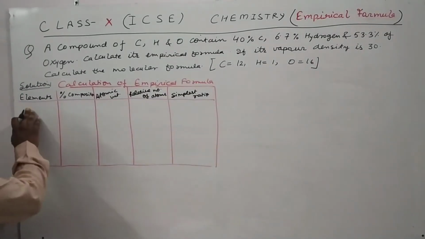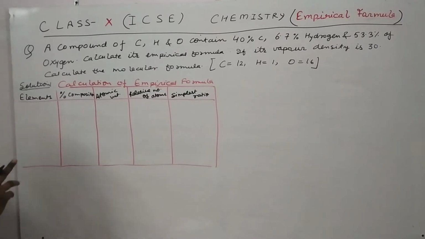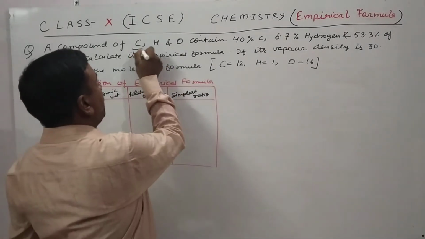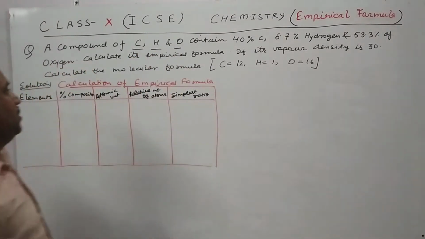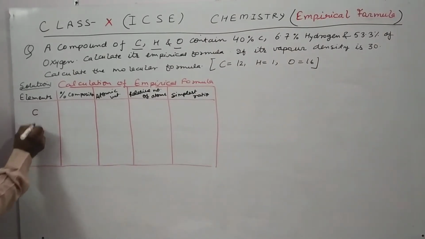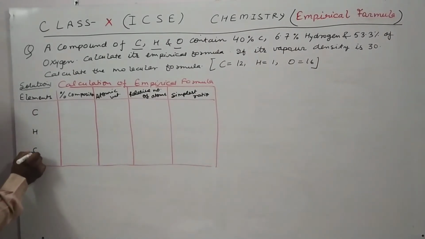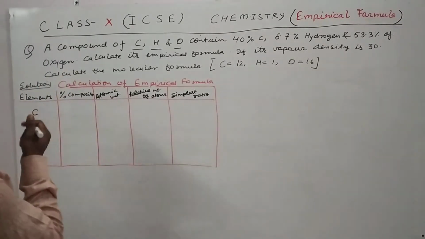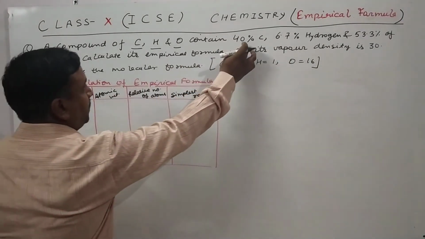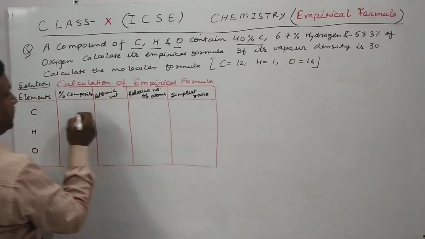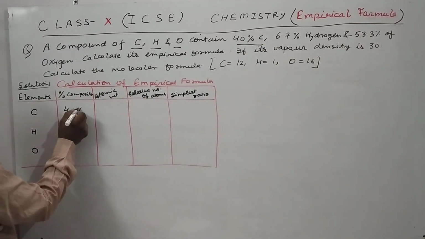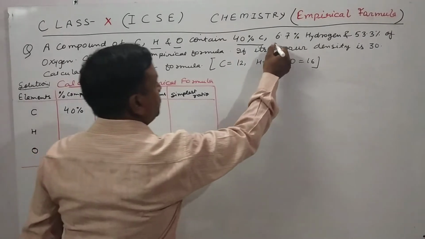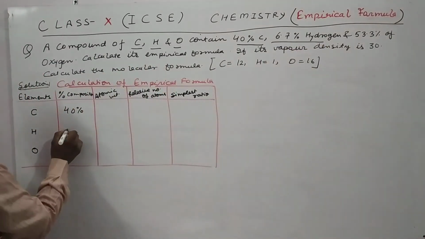Here in the first column you will write down the elements given in the question. 3 elements are given: carbon, hydrogen and oxygen. Note down here carbon, hydrogen, oxygen, one below the other. Then their percentage compositions. The given 40% is carbon, put here 40%. Hydrogen is 6.7%.